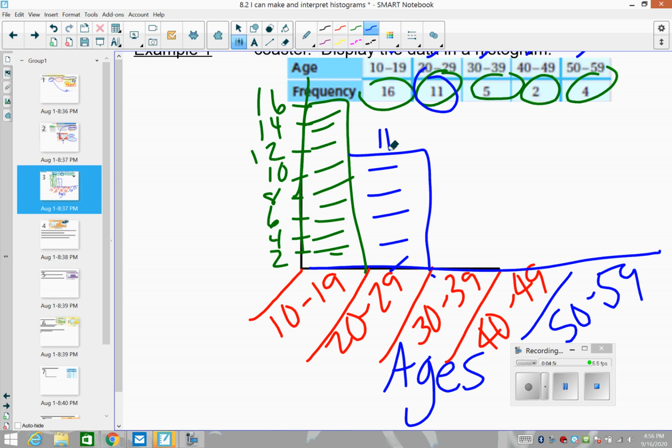It's sometimes helpful to write your answer on the top, so if you're a little bit sloppy with your work, or you're working with a stylus or a mouse like me, you can say what you mean and still get credit even if it doesn't look perfect. We had 5 students ages 30 through 39. We had 2 students ages 40 through 49.